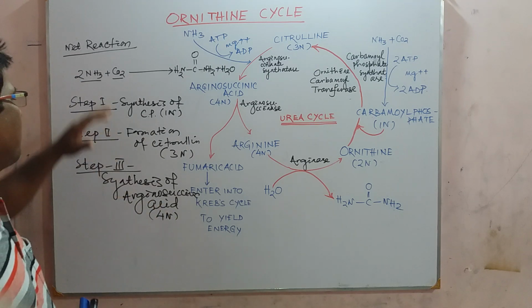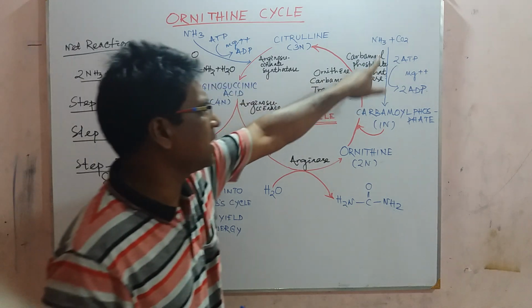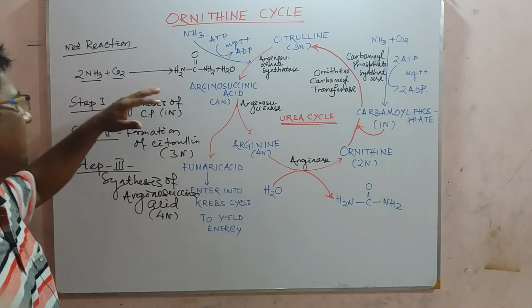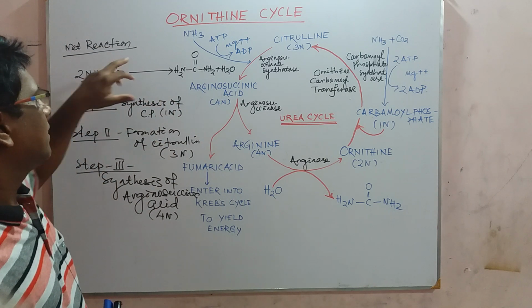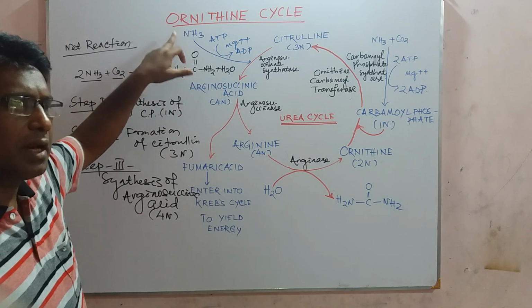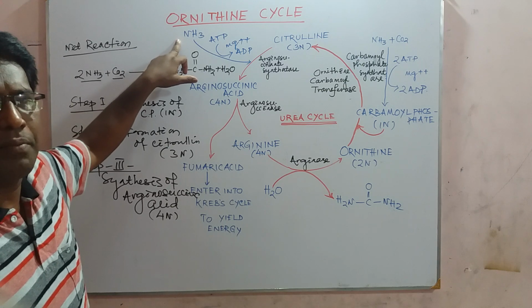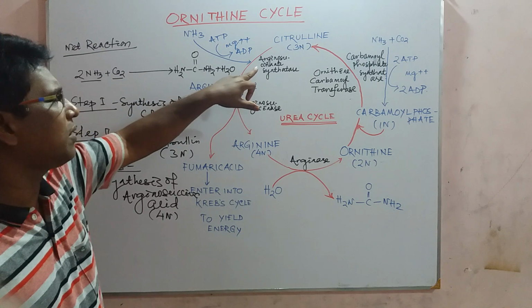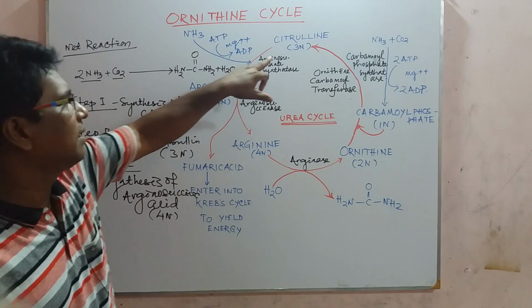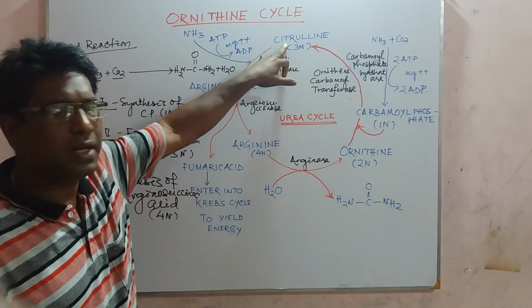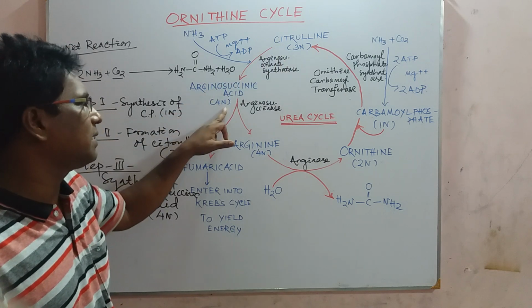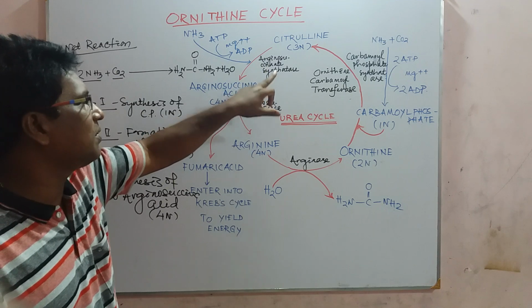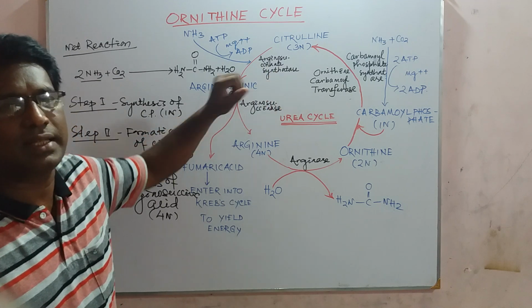A molecule of ammonia gets utilized during synthesis of carbamyl phosphate. Another molecule of ammonia is there. That molecule of ammonia, derived from the non-oxidative amino acid aspartic acid, enters into the ornithine cycle and reacts with citrulline to form arginosuccinic acid in presence of the enzyme arginosuccinate synthetase.